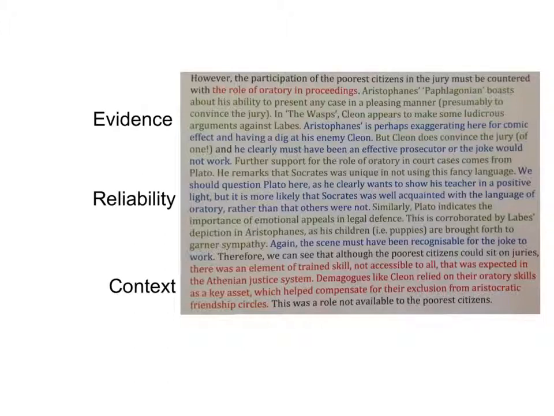But I have mentioned the fact that we might think this doesn't actually attack the argument I'm making, because in actual fact Cleon does convince the jury, and if the joke's going to work, it must be realistic. And so if Cleon never convinced any juries, then people wouldn't have a clue what Aristophanes was talking about. The actual fact is he did, so he must have actually been an effective prosecutor.